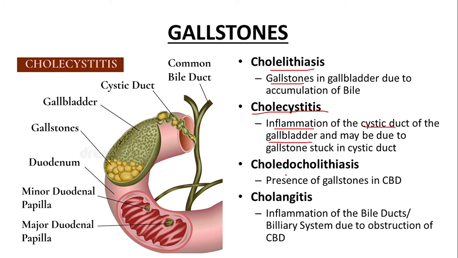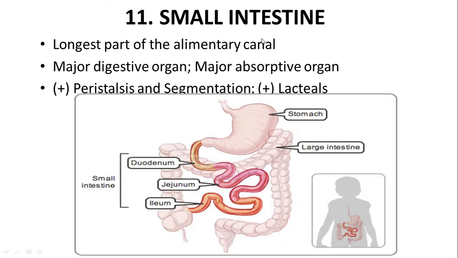Then you have choledocholelithiasis, which means that gallstones have become stuck in your common bile duct. And then you have cholangitis, which is inflammation of the bile ducts or the biliary system due to obstruction of the common bile duct again. So different terminology, but all related to your gallstones.